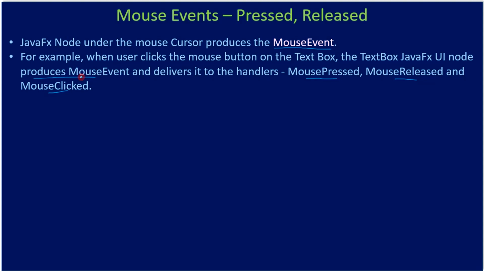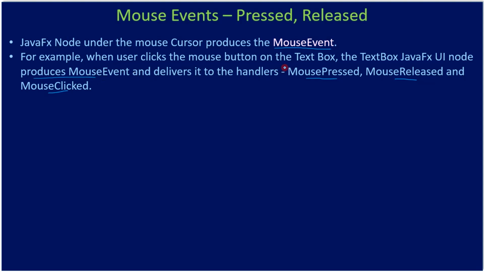So first of all, there is a UI. In our example we are going to take the button control, right? The button control is a UI, and that's a node in JavaFX, and the node will produce the mouse event, and the mouse event will get delivered to the handler routine.